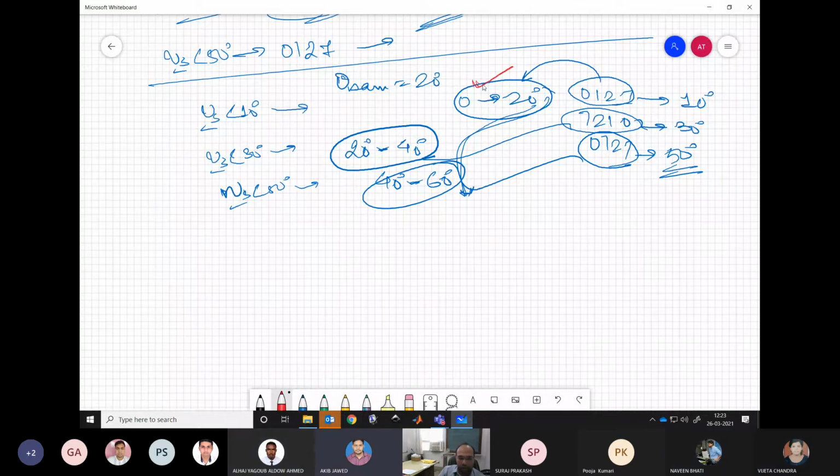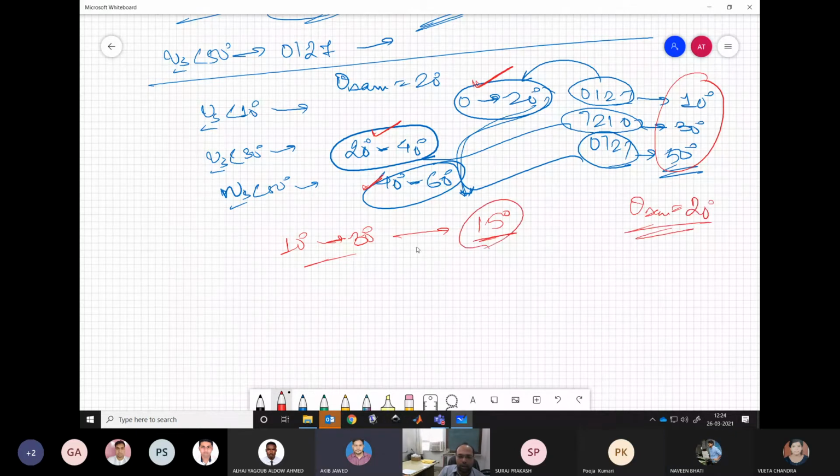If you shift these starting and ending points, you will be shifting these locations. If let us say you apply any vector sequence from 10 degree to 30 degree, the vector would be realized at 15 degree for theta sampling equal to 20 degree. Getting my point?